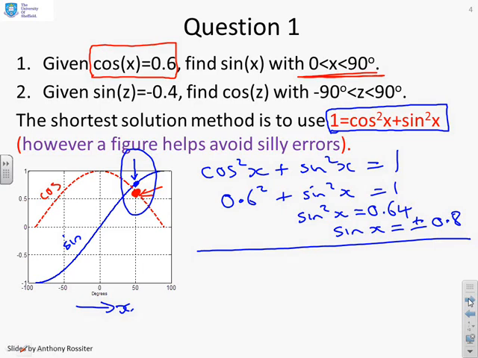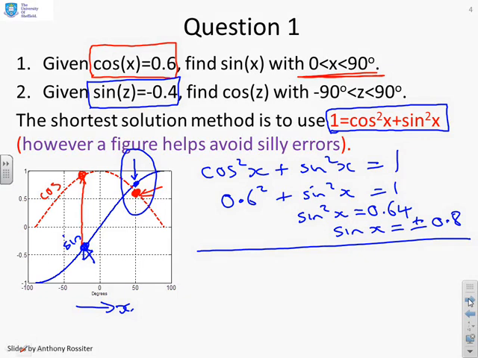Okay, second question then. Second question, we said given sine z equals minus 0.4. So again, let's look at our graph and just have a look where that is, and you can see that's a point somewhere around here. And hence we want to find cos z. Well, if I follow up, you can see the corresponding value of cos z is going to be somewhere around here.